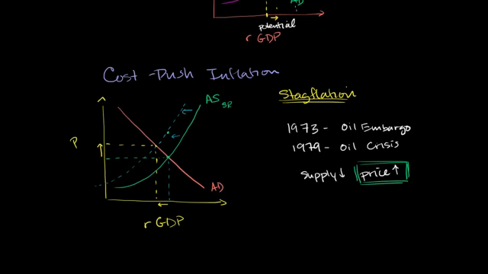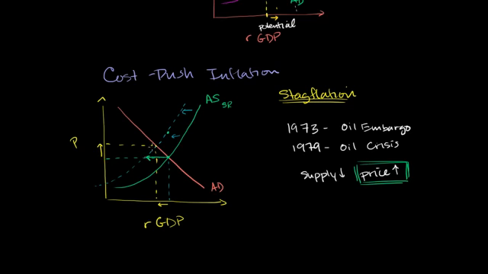So at a given price, let's say at this price right over here, a supplier would want to produce less because they're not getting as much real profit. And so you could view it as a shift to the left, or you could say that at a given level of productivity, if you want me to produce at that level, you're going to have to pay me more to offset my price increases. So you could also view it as a shift up. Either one, but we'll think of it as a shift left in this context.